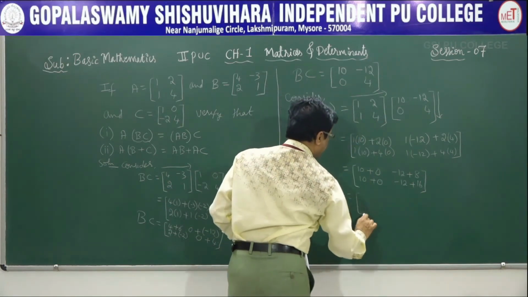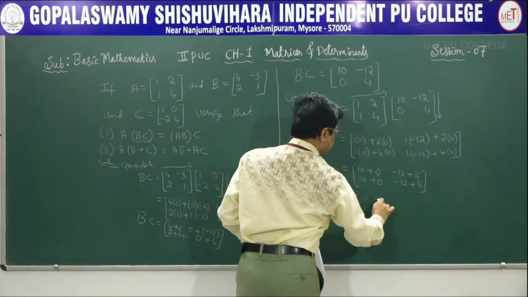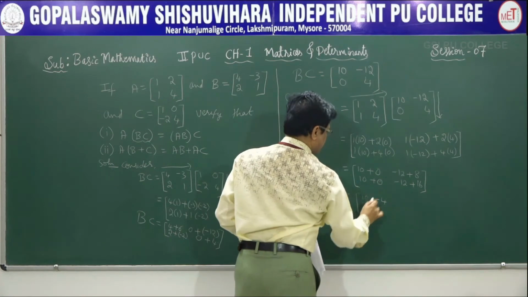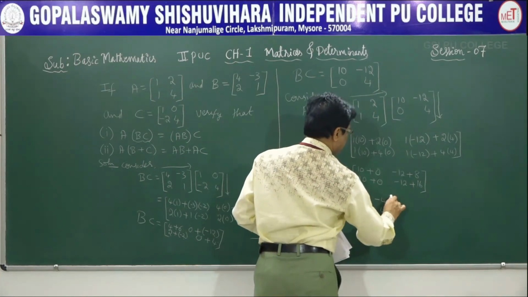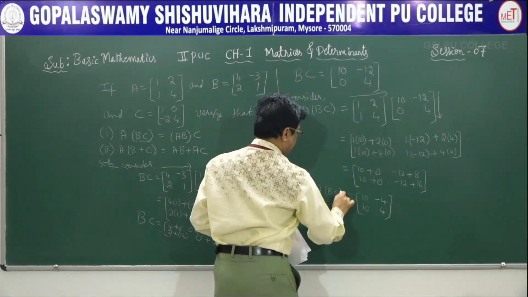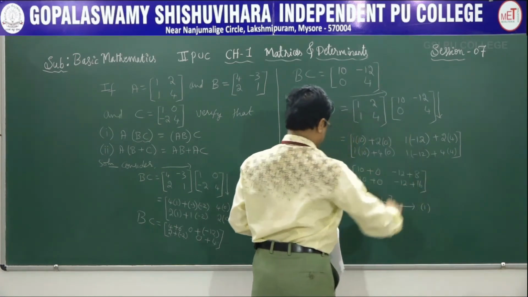So that will be equal to 10 plus 0, 10. Minus 12 plus 8. So 10 plus 0, 10. Minus 12 plus 16 is 4. This is A into BC. We call this as equation 1.